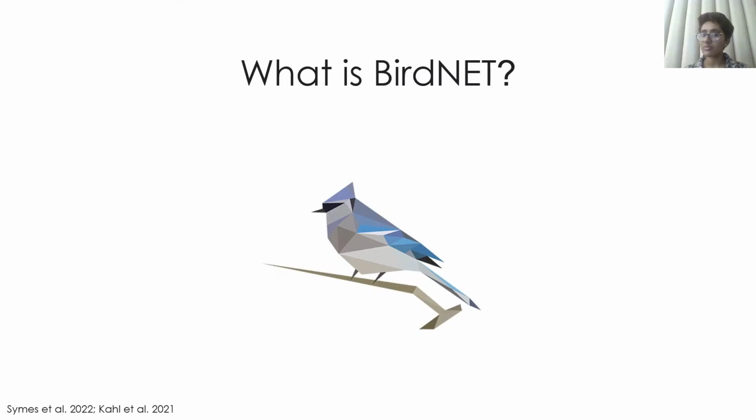Among these automated approaches, the openly accessible and easy to use tool, BirdNet, particularly stands out. BirdNet is an automated classifier that can scan through vast amounts of soundscape data and recognize species by their vocalizations. It can now identify around 6,000 global species of birds.